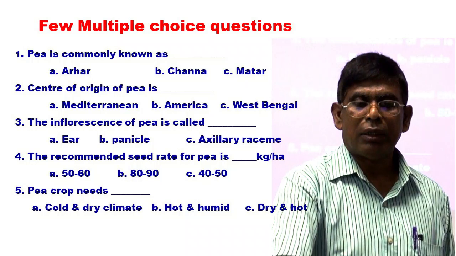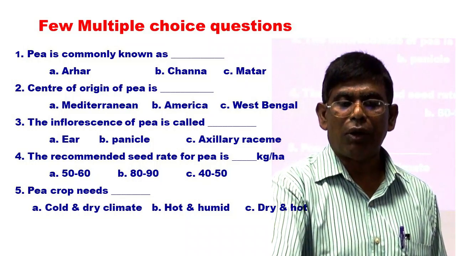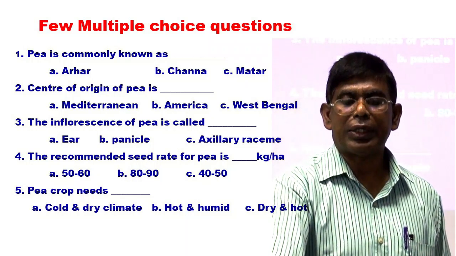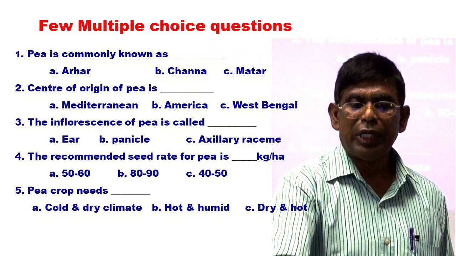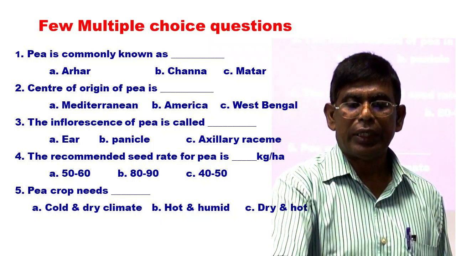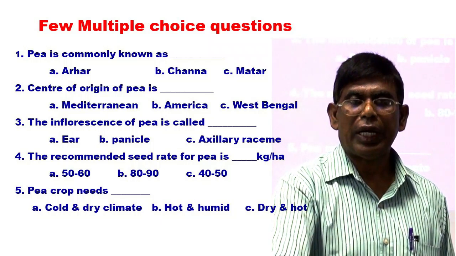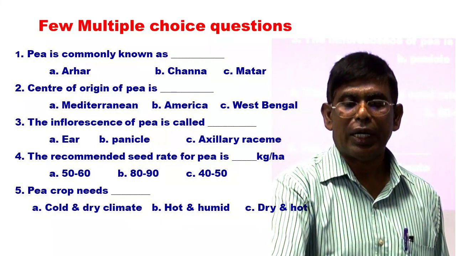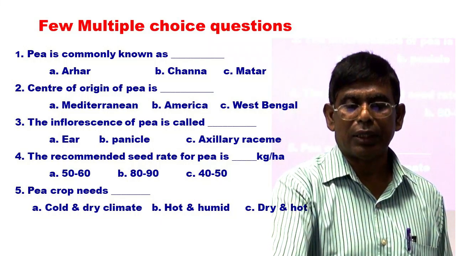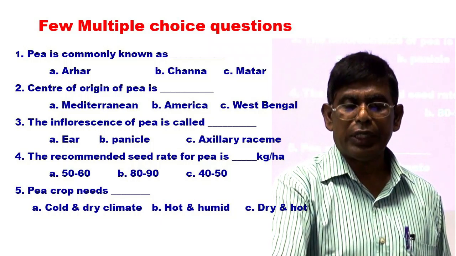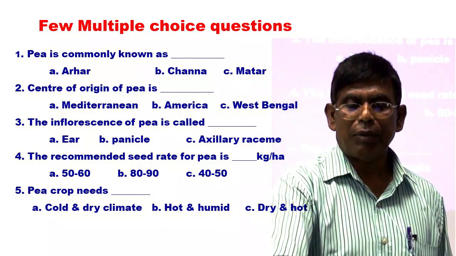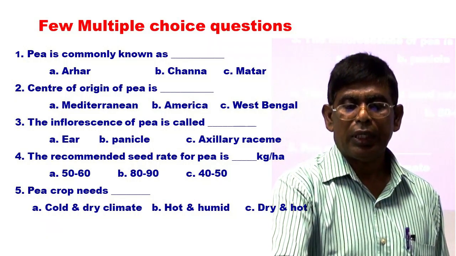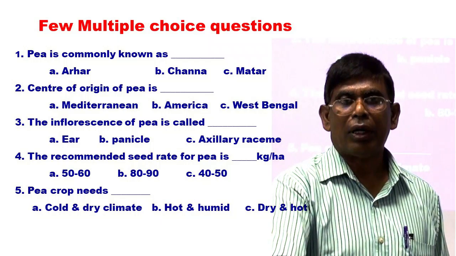Then inflorescence of pea is called axillary raceme. The recommended seed rate for pea is 50 to 60, 80 to 90 or 40 to 50. The correct answer is 80 to 90 kg per hectare. Then pea crop needs cold and dry climate, hot and humid, or dry and hot.